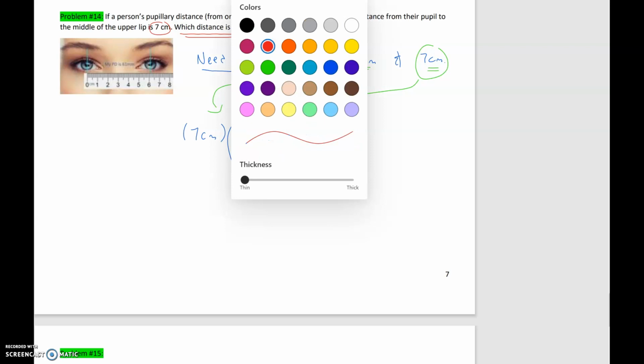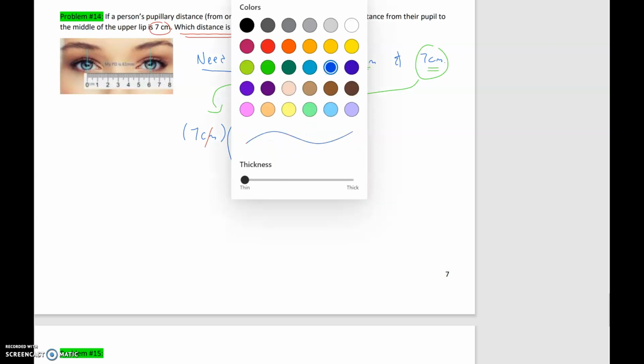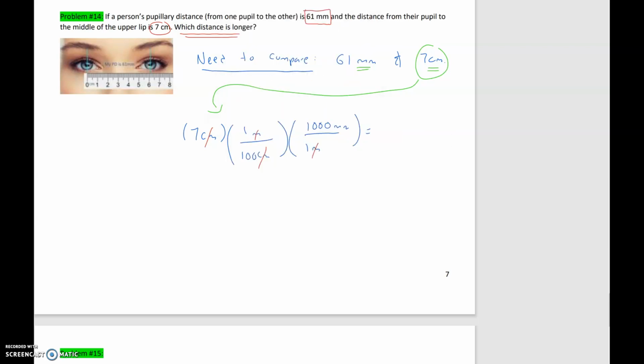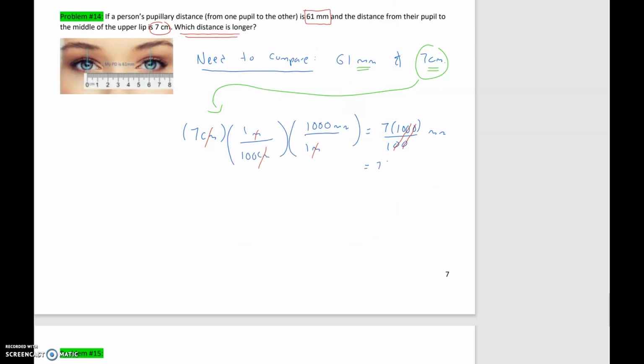And let me cancel the units to make sure that we're good on the cancellation. In this case, centimeters cancel, meters cancel, and we're left with a little bit of a mess. So we're left with 7 times 1000 over 100. And now this is millimeters, which we need to simplify. You can cancel the zeros, and we're going to end up with a total of 70 millimeters.